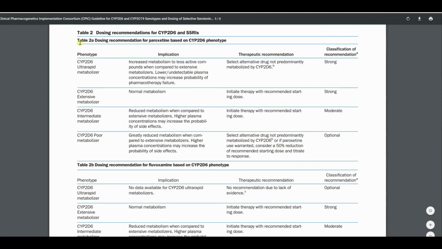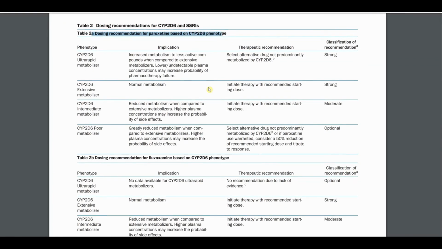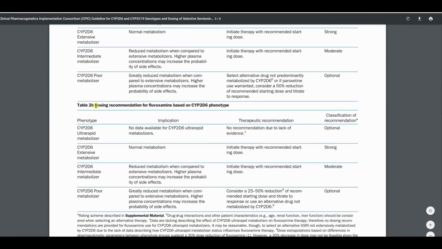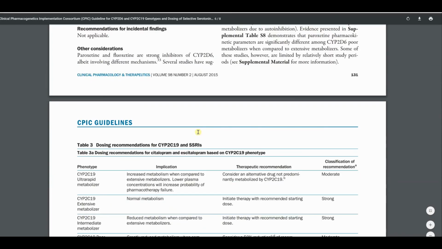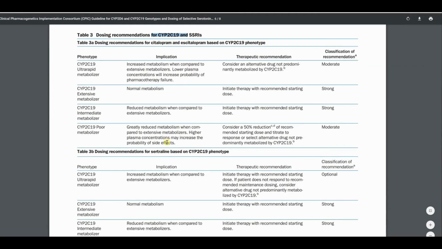And you can see here, dosing recommendation based on paroxetine for CYP2D6 phenotype. Wow, that's exactly what I asked you to do in the homework. Kind of a coincidence, I suppose. And they also have different dosing recommendations for fluvoxamine on a 2D6 genotype, and then they also do it for citalopram and S-citalopram for 2C19, and finally for sertraline and 2C19.